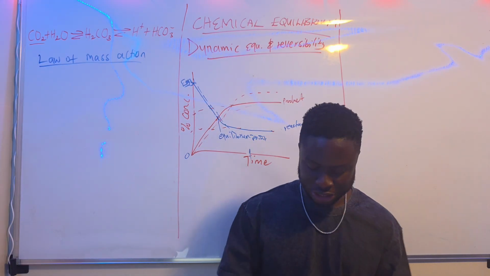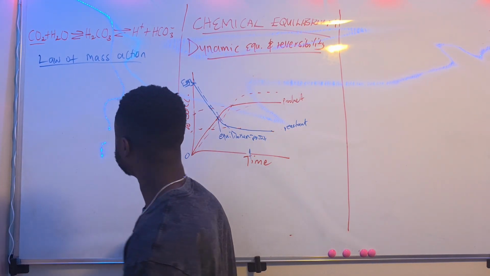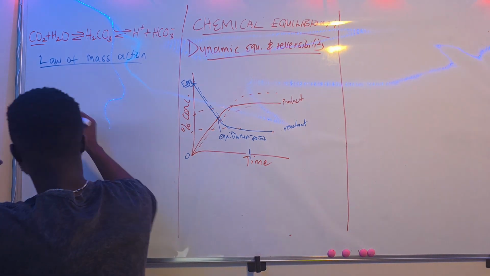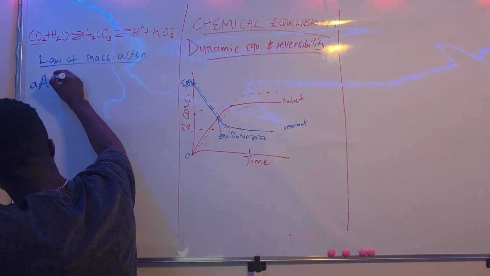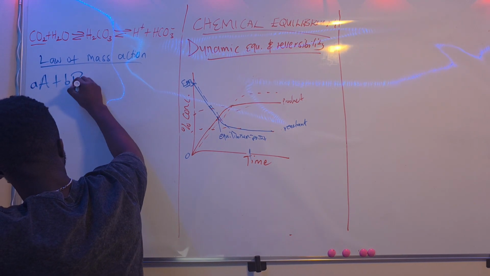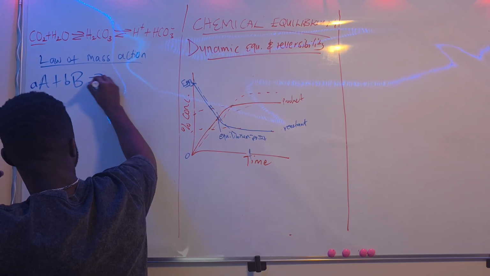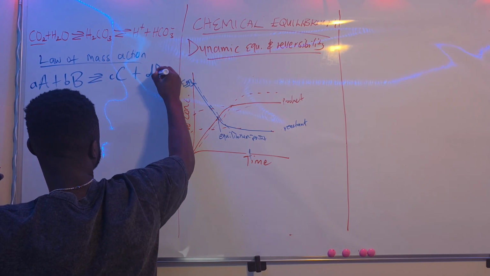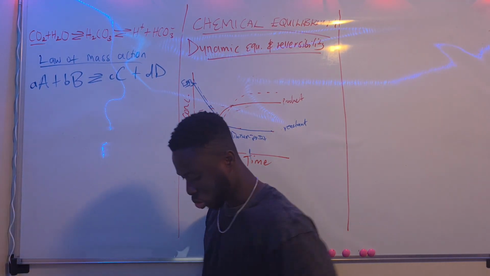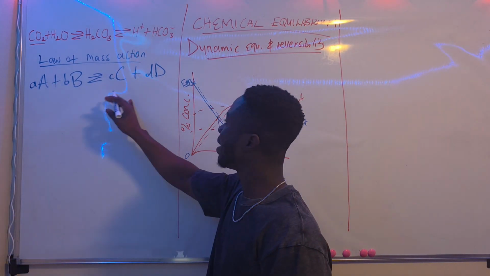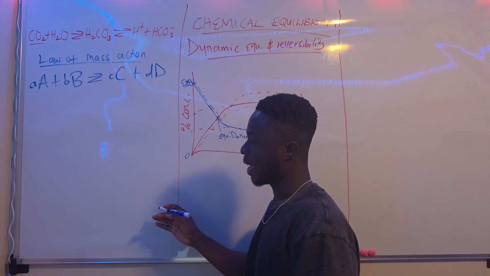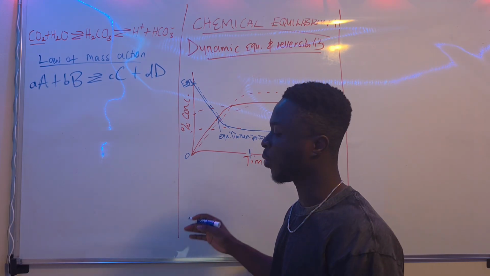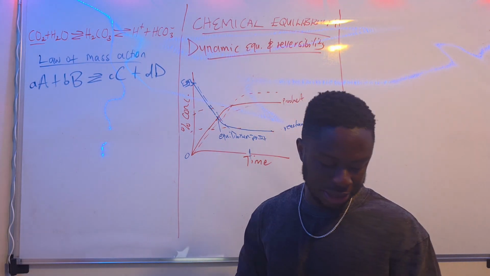So let's consider a generic reaction: aA plus bB gives me cC plus dD. If I consider this generic reaction and I am tasked to find the law of mass action.